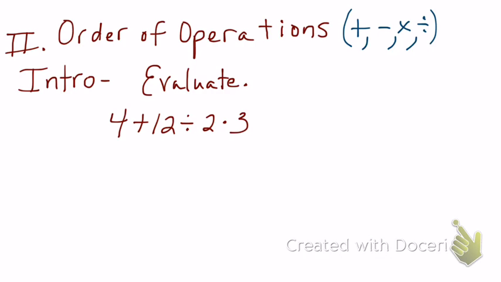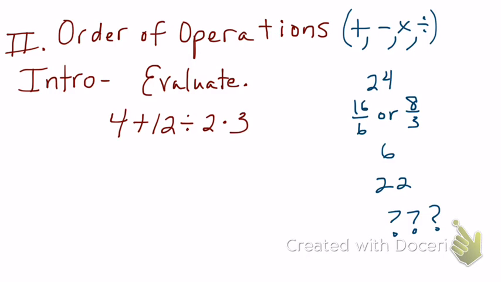Alright, so here are some of the answers that people end up coming up with. Depending on the order that they did things, the question is, which one of these is right? Well, it turns out that additions and subtractions are always done last, and although some people think multiplication comes before division, they're actually equal in priority, and with equals we do the one on the left first.